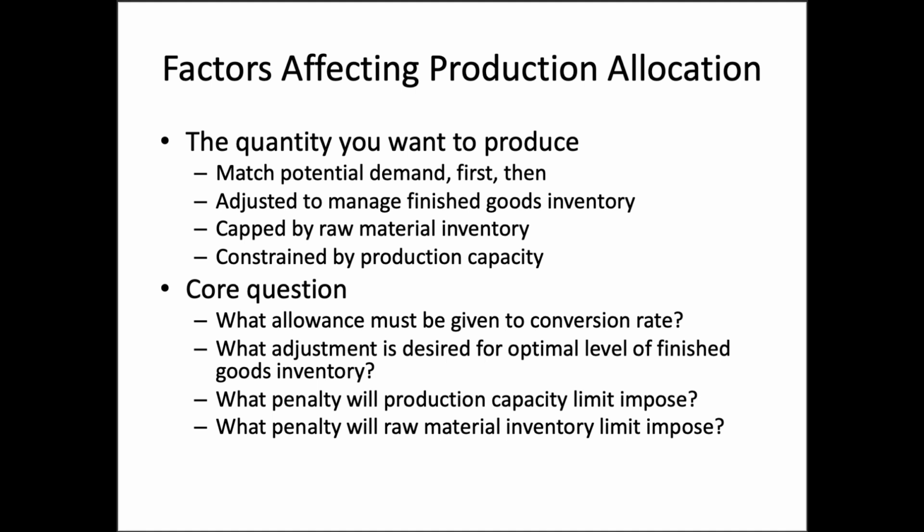To keep up this conversion rate requires maintenance. This conversion rate must be taken into consideration to ensure adequate resources of raw material is budgeted for. Decision on production allocation cannot exceed raw material inventory without penalty.